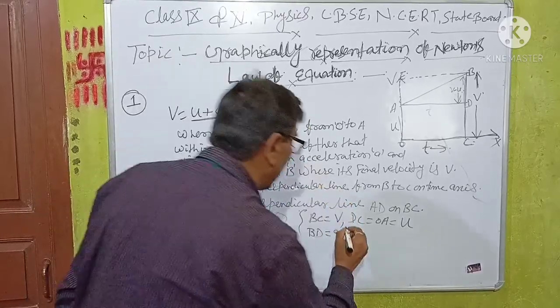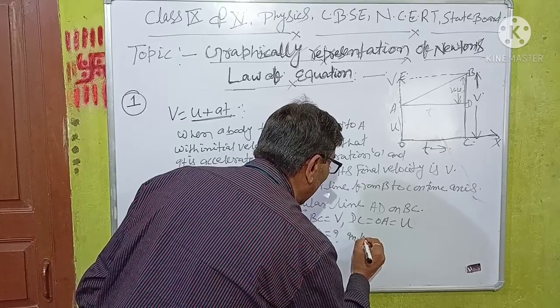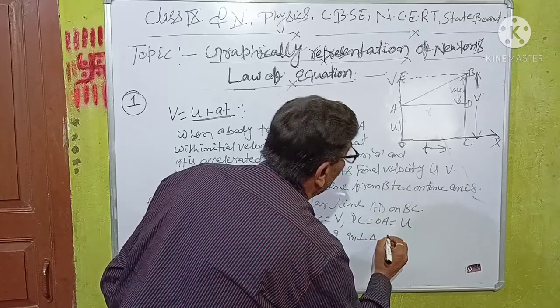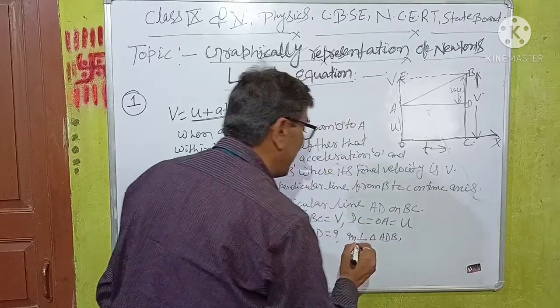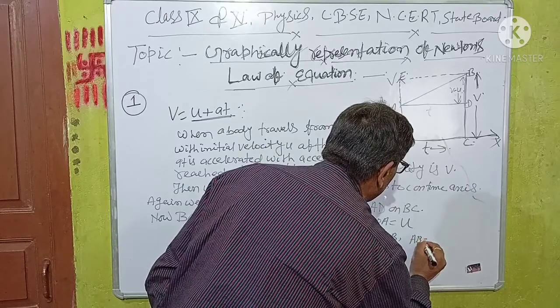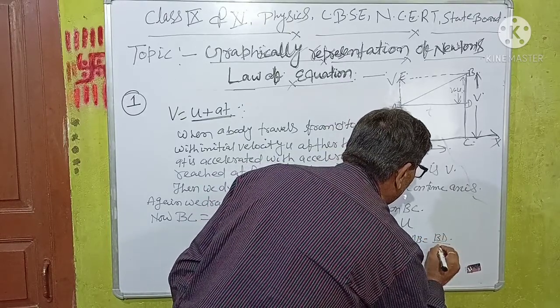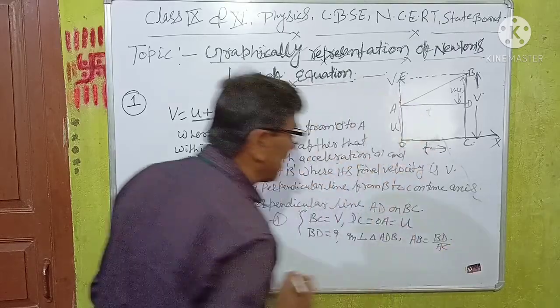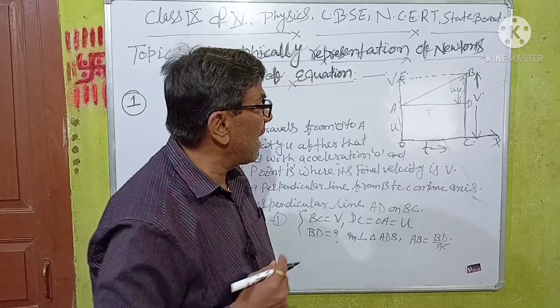We know that in right angle triangle ADB, AB is equal to BD by AD. AB represents the acceleration, so acceleration is equal to change in velocity upon time taken.